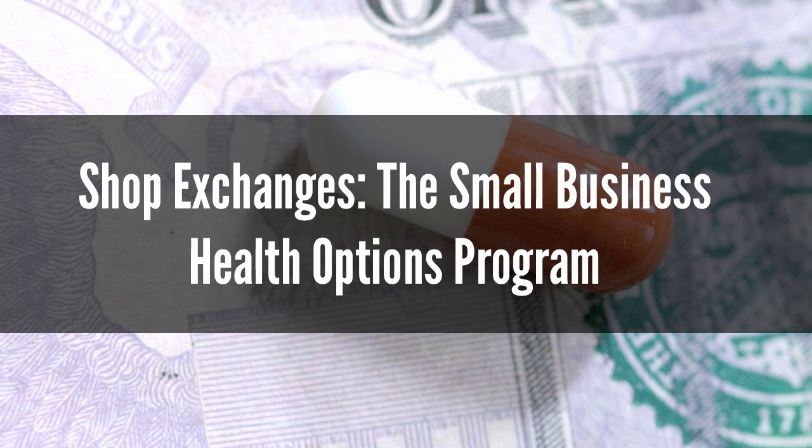The SHOP exchanges give small business employers greater purchasing power and allow them to choose from a wide variety of qualified health plans, or QHPs for short, that meet their budgets. For 2014, the SHOP marketplace will be open to employers with 50 or fewer FTEs and will expand in 2016 to include those with 100 or fewer FTEs.